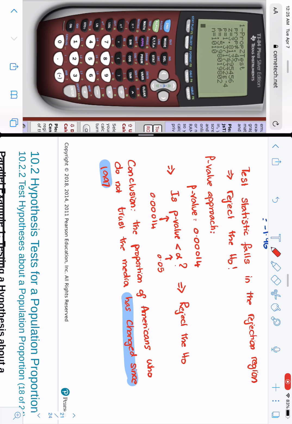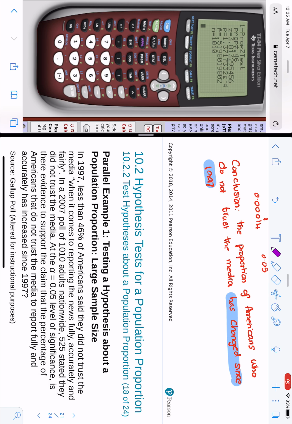A key thing to notice here is if the definition of the test changes, the p-value will certainly change.